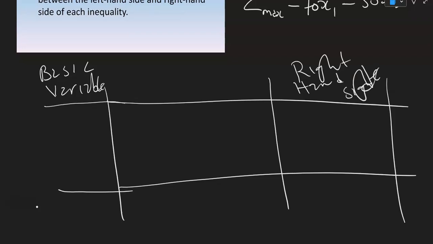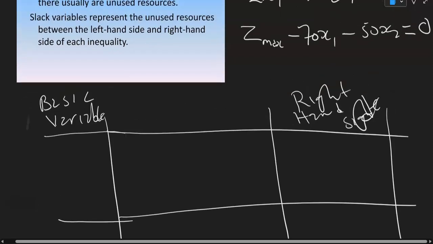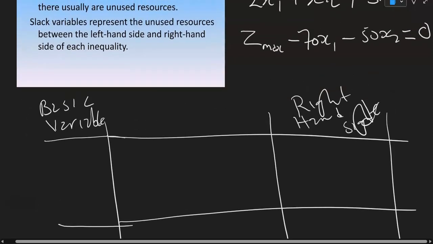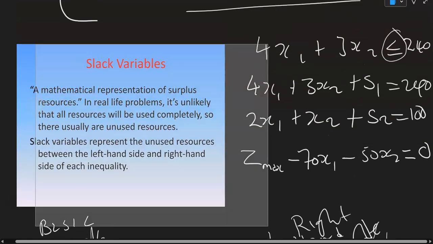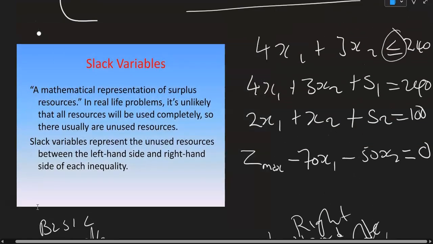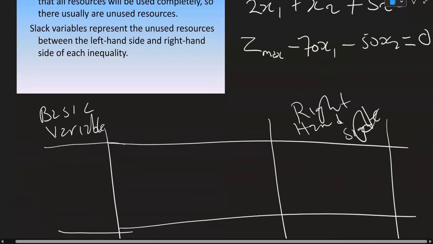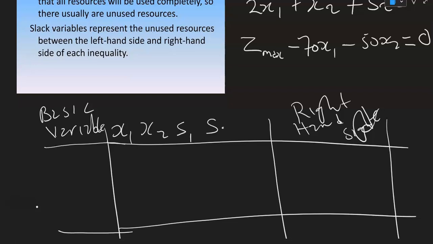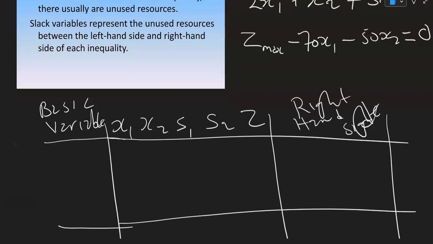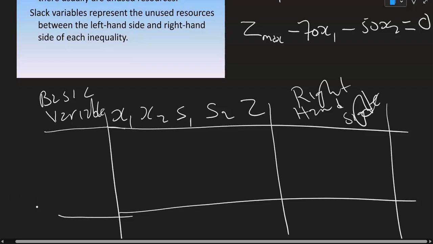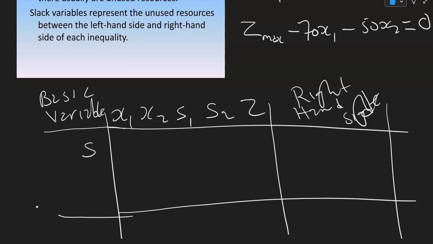In the middle, you put all the variables that are represented in the equations. So we have x1 being represented there, you have x2, you have s1, you have s2, then you also have the z, max. Then on the vertical side, you put the slack variables s1 and s2.